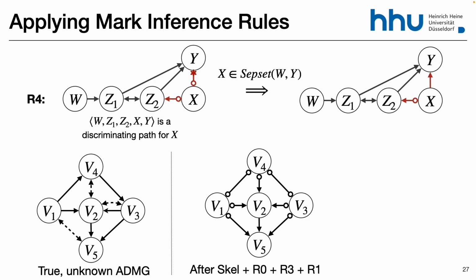V1, V2, V3, V5? Or maybe V4, V1, V2. No, that's correct. Because this is a collider, this is a parent of the last variable, so this is discriminating. This is the discriminating path for V3.